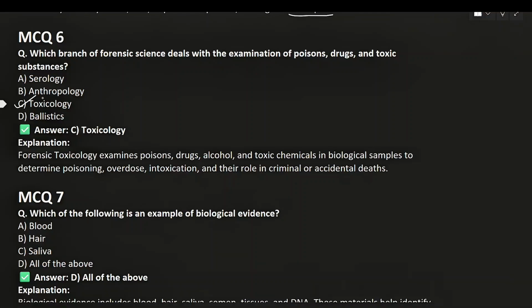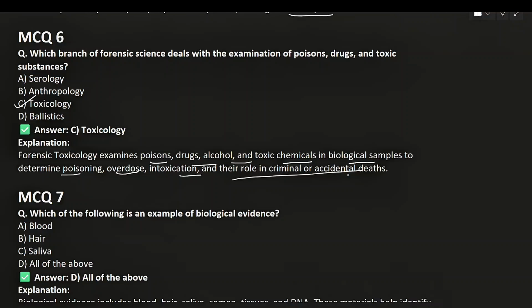Toxicology is a branch of forensic science that studies poisons, drugs, alcohol, and toxic chemicals in biological samples, to determine poisoning, overdose, intoxication, and their role in criminal or accidental death.